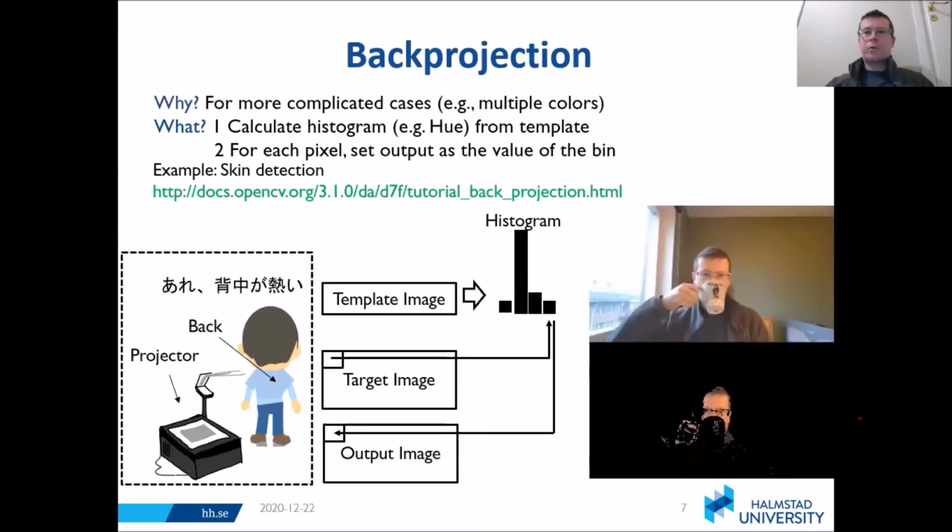If you have a bit of a more complicated problem, like you want to detect skin in an image, then maybe using hue to color pick is not so easy. Instead, you can calculate a histogram from some type of template image, like you can take a picture of your hand, and then in some type of target image, like a picture of your face, you can look at each pixel and set the output as the value of the histogram bin that you calculated with the template image of your hand.